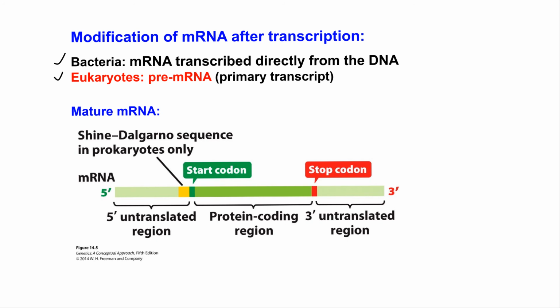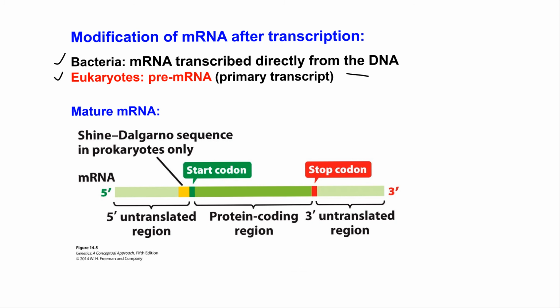the situation is more complex because the nucleus is separated from the cytoplasm by the nuclear membrane. So in eukaryotic cells, DNA is first transcribed into the so-called primary transcript, pre-mRNA, which still contains sequences of all introns.